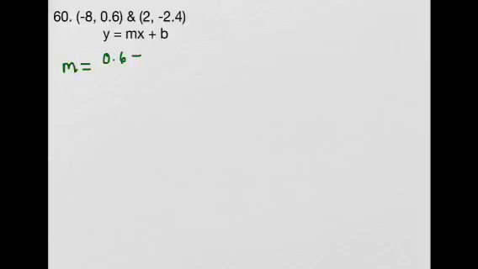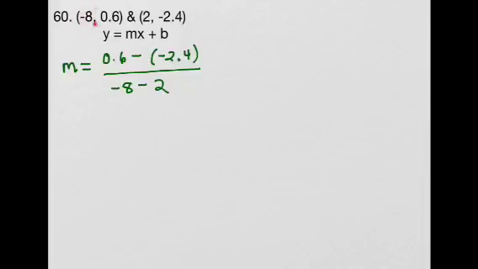0.6 minus negative 2.4 divided by negative 8 minus 2. So remember, it doesn't matter which point you start with, but you've got to be consistent. So since I started with the y value of this point, when I do the denominator, I've got to start with the x value of the same point.